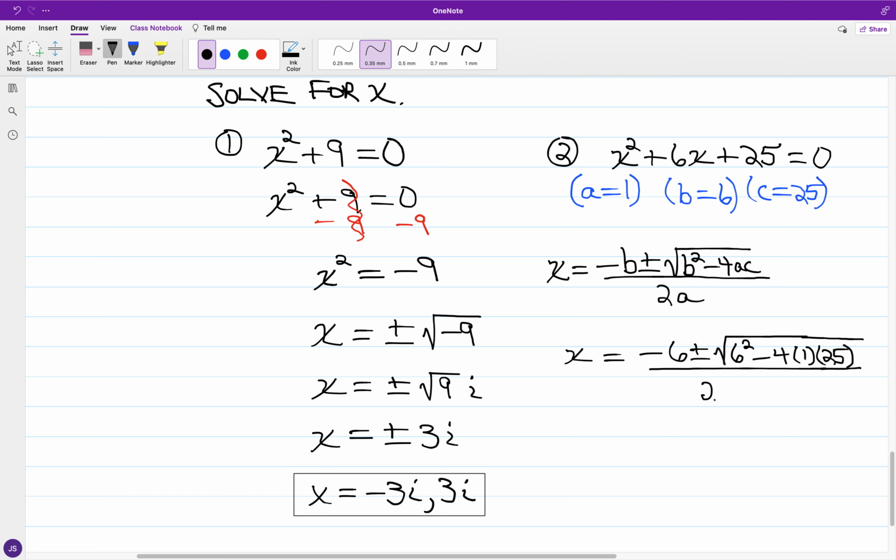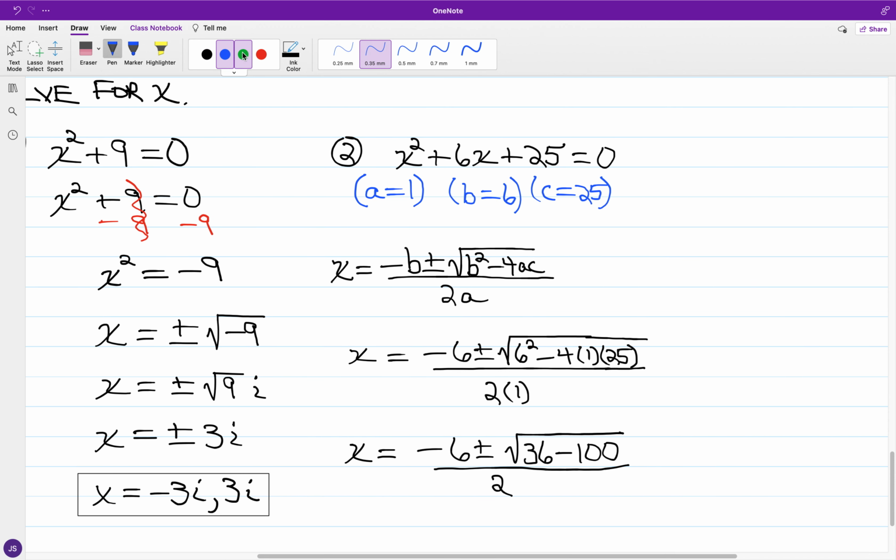We have all over 2a, so 2 times 1. After the substitution stage, 6 squared is going to make 36. Negative 4 times 1 is negative 4, and then negative 4 times 25 is going to be negative 100. And we have over 2 times 1, which will be 2.